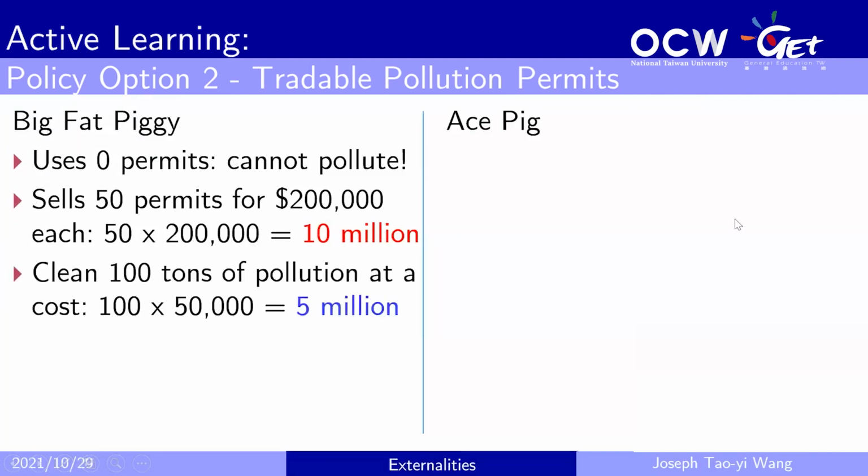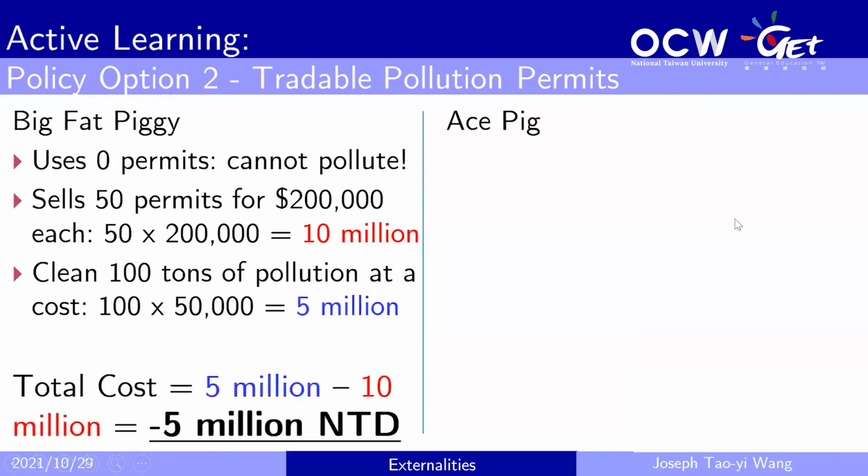But it would have to clean 100 tons of pollution, and this costs 50,000 NT dollars each, so times 100, that's 5 million NT dollars. So the total cost is 5 million minus the 10 million that he sold, so it's actually negative 5 million NT dollars, because he is making money for selling all these permits.